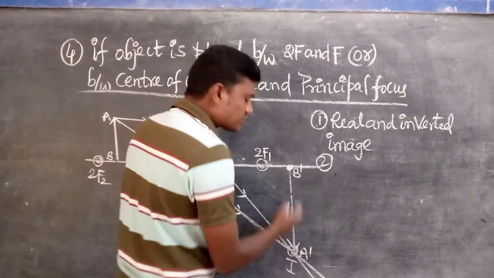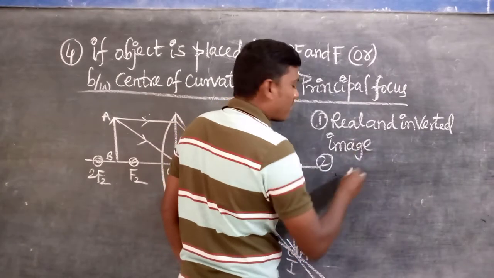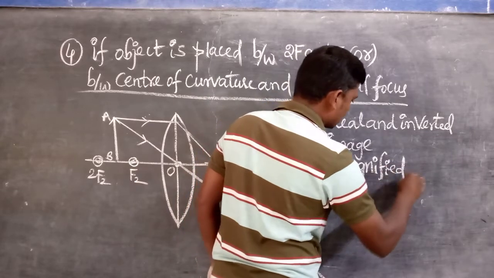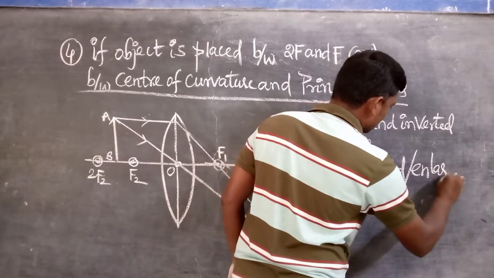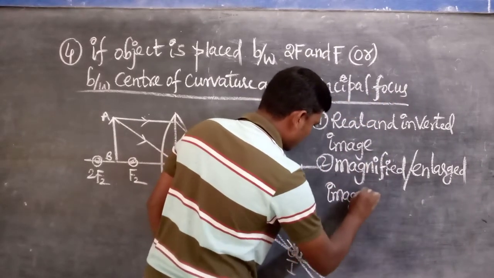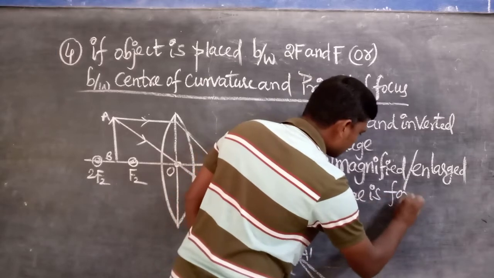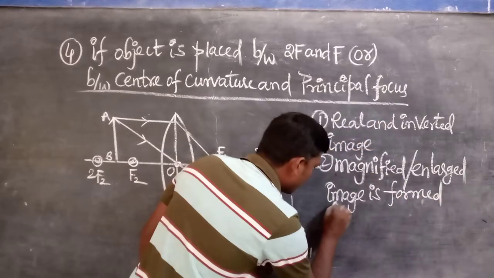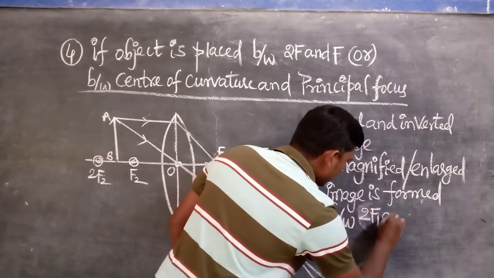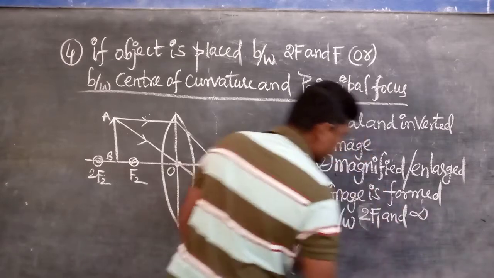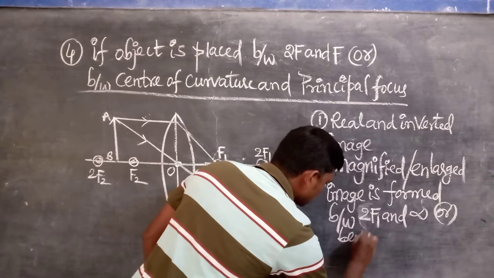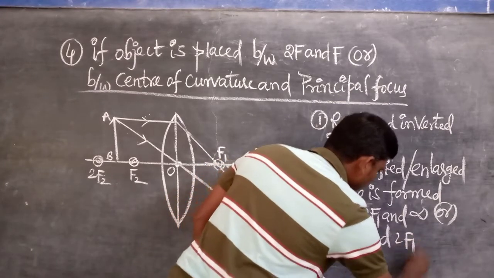And which type of image is it here? Magnified, or enlarged. The image is formed between 2F1 and infinity, or beyond 2F1.